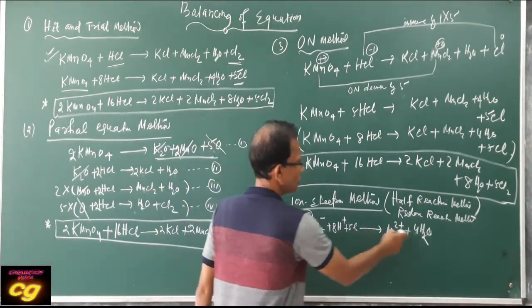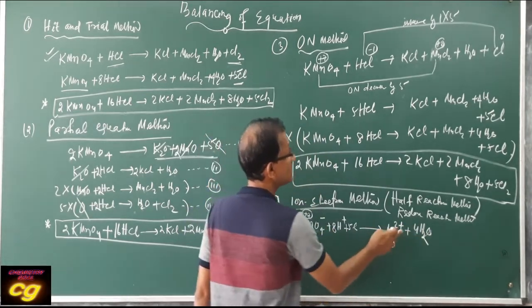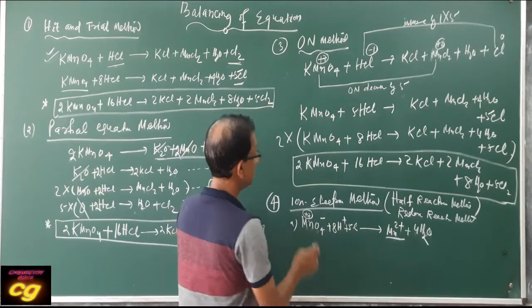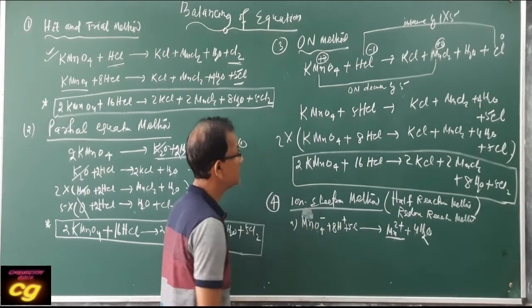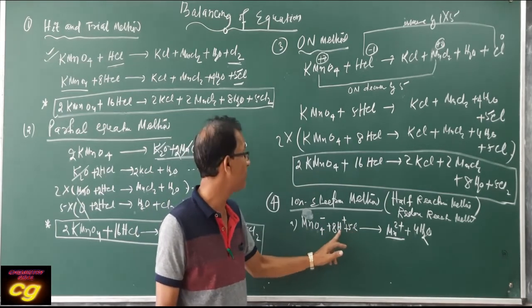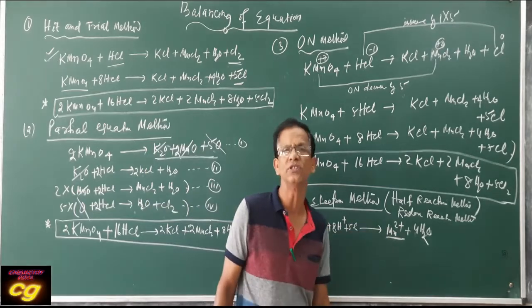Here oxygen 4, hydrogen 8. Now see the charge on the right side, total right side charge is +2. But you see how many charges? Don't take this one. This is not the actual charge. Here the charge is this one. 8 plus 5 electrons, that is 3 plus. 3 plus 1 minus, that is 2 plus. Already it has 2 plus on the right side.